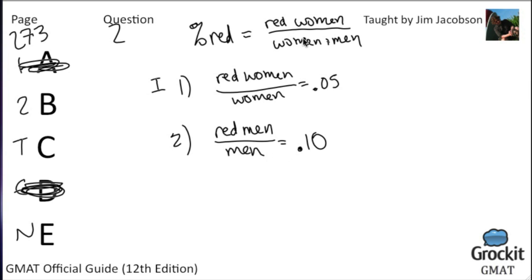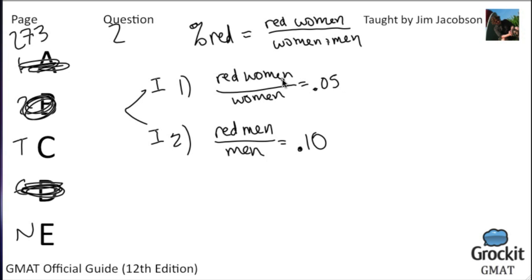We aren't given anything about women or women with red hair. So this statement alone is clearly insufficient. We can get rid of choice B. So our only choices here are that neither is sufficient on its own or in conjunction, or that combining the two, they somehow give us what we're after.